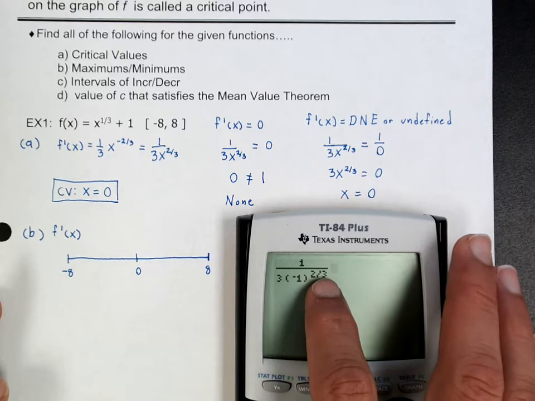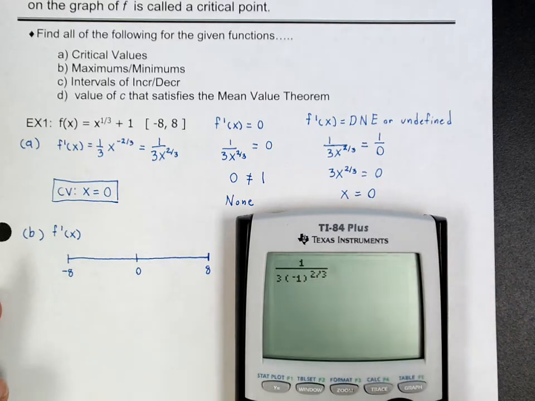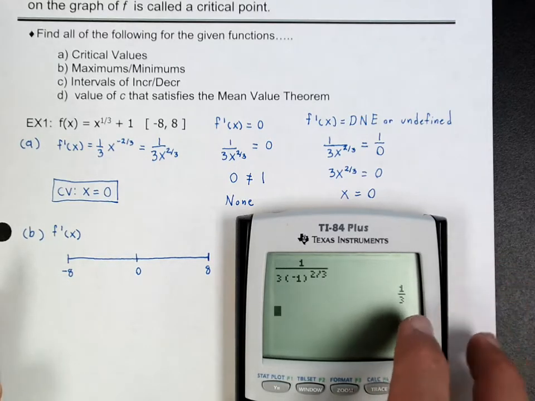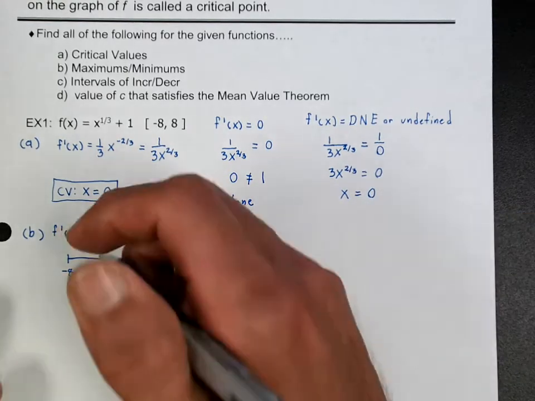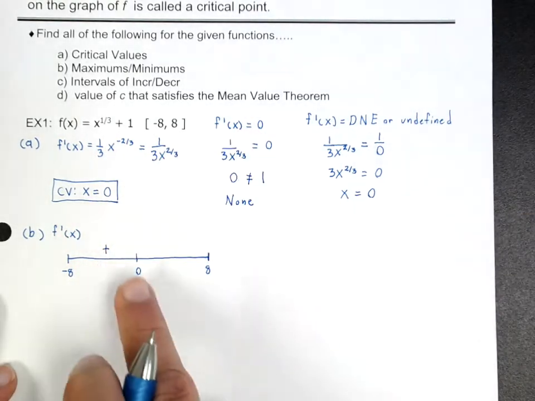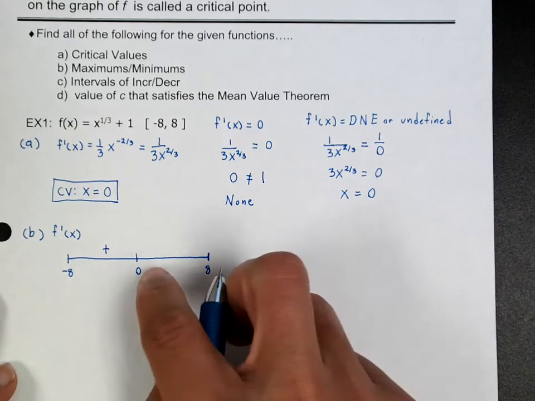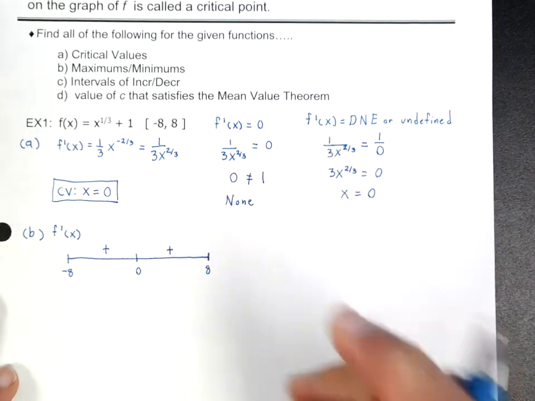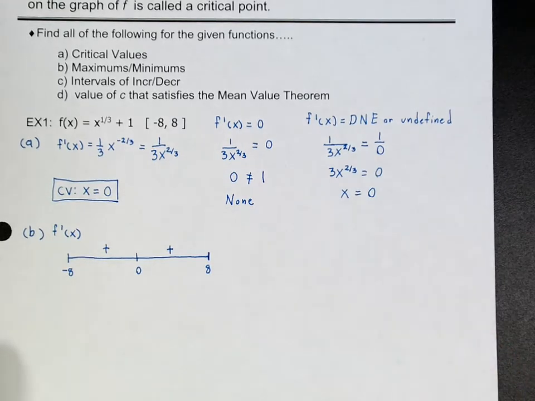And if I take the cube root of 1, I still get a +1. This is going to be 1/3. It doesn't matter what the number is so much as the fact that this is a positive number. So for my sign analysis, this is going to be positive, and for a number to the right of 0, I'm going to pick a 1, and if I pick 1, this is also going to give me a positive 1/3. What matters is that you have a positive value.